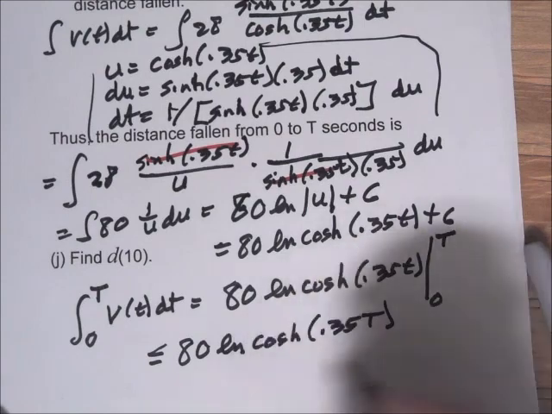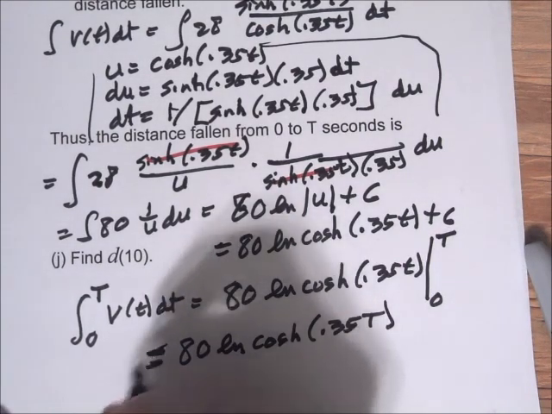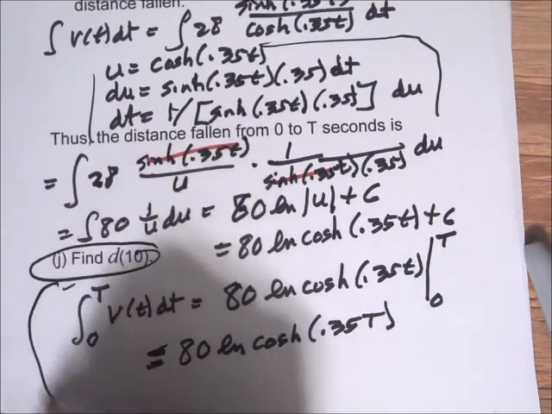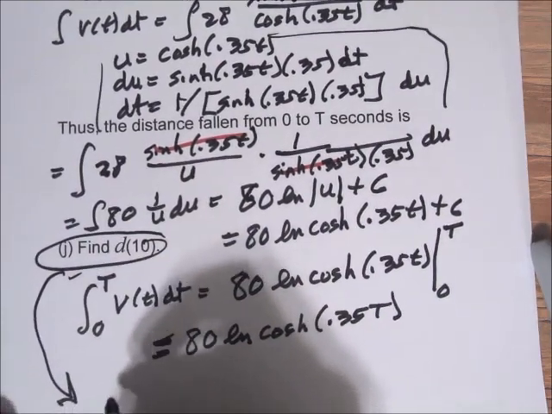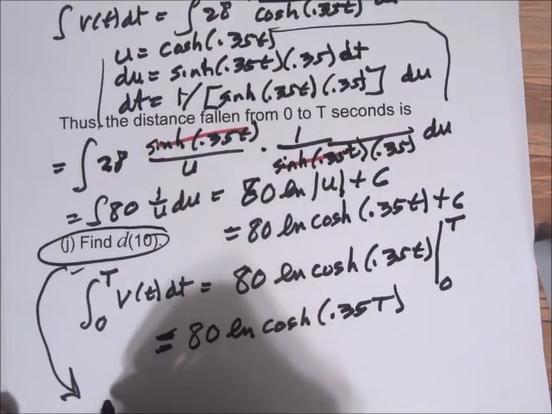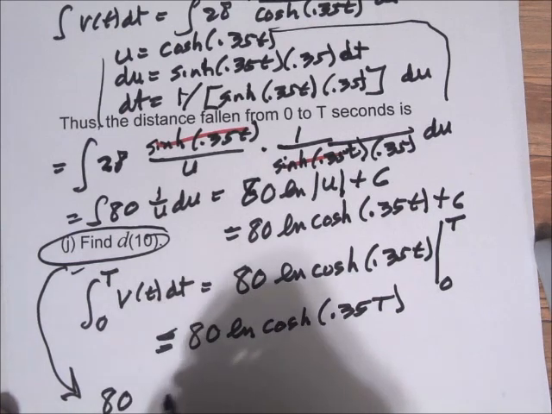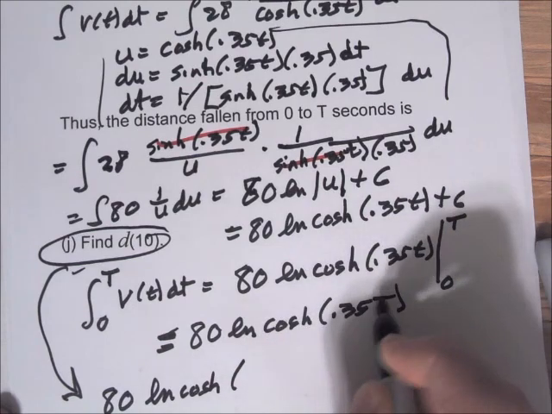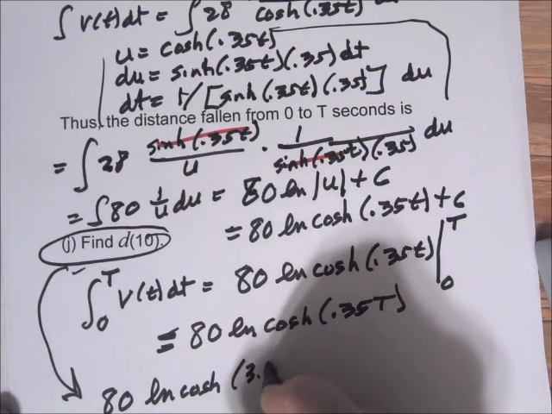So if we want to find the distance after 10 seconds, d of 10, the distance after 10 seconds is going to be 80 ln cosh of 10 times 0.35, which is 3.5.